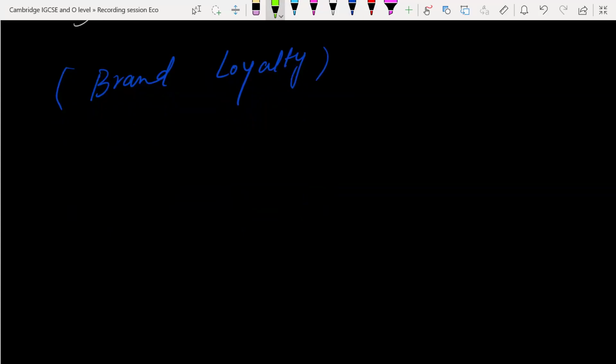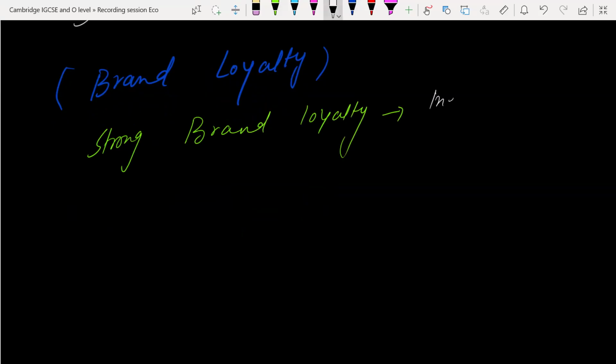Strong brand loyalty means inelastic demand.